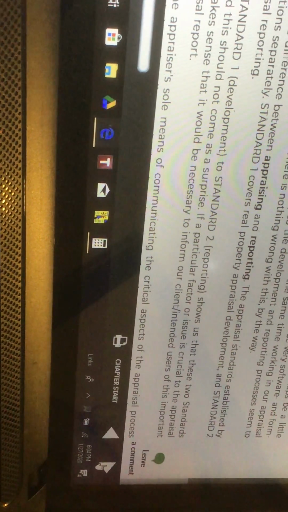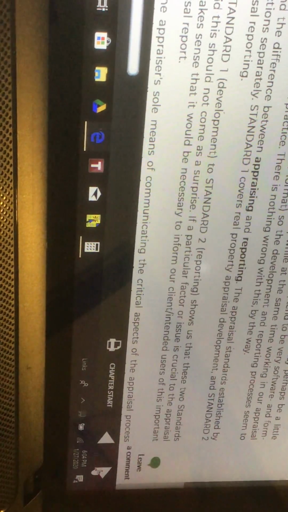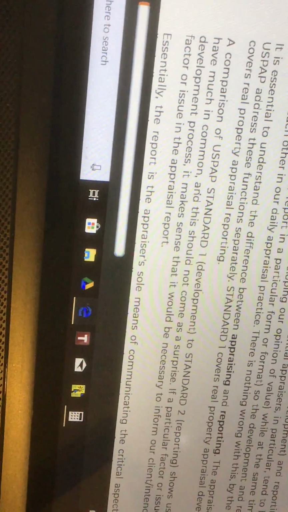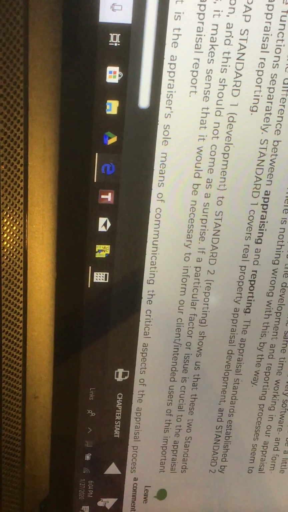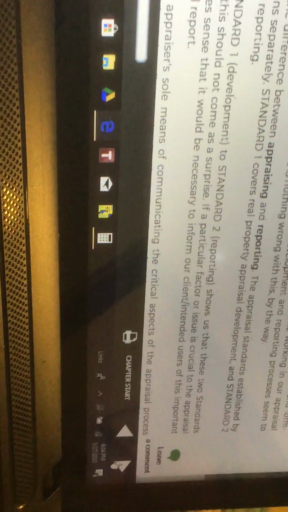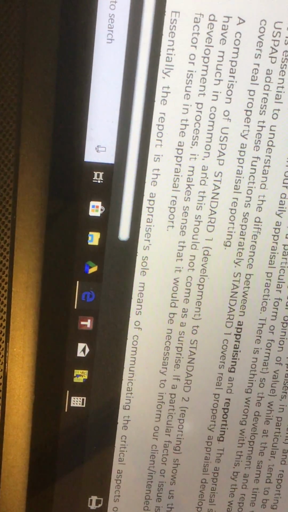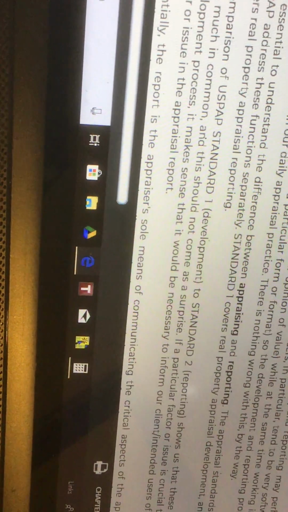If a particular factor or issue is crucial to the appraisal development process, it makes sense that it would be necessary to inform our client/intended users of this important factor or issue in the appraisal report.